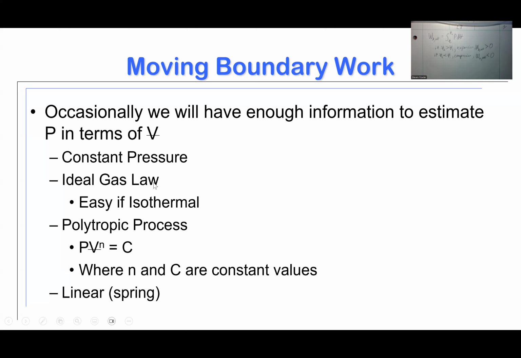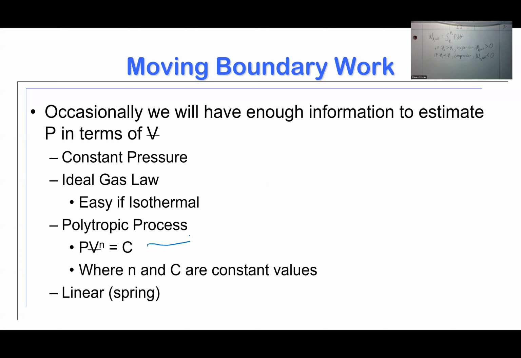Ideal gas law is a way of relating pressure to volume, especially if you know how the temperature relates to pressure or volume, and you can simplify that expression. If it's isothermal, then that gives you an expression you can work with. We won't use the ideal gas very often, but the most common one that we'll use is either constant pressure, or the polytropic process, where P times V to some power n is equal to C, where both n and C are constant values.